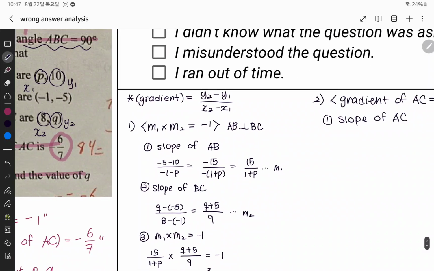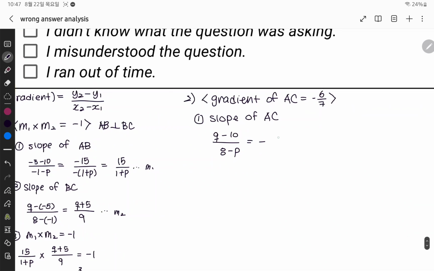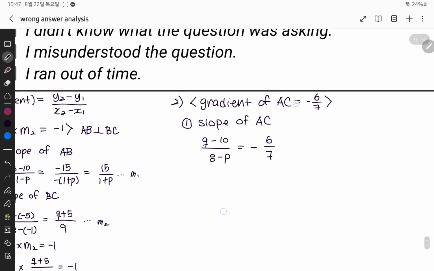I'm going to plug it into the formula again, and I get Q minus 10 over 8 minus P equals minus 6/7.